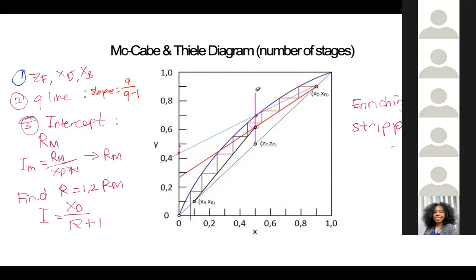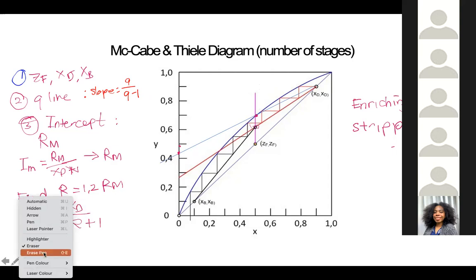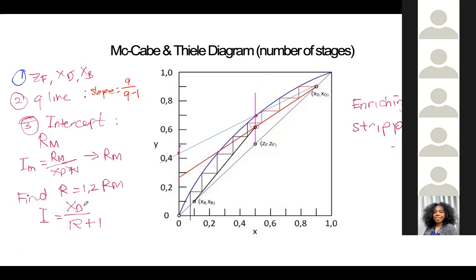So Dia, what do you think? Is it a saturated vapor or a saturated liquid? Anyone want to help? Anyone knows? Saturated liquid. Liquid or vapor?